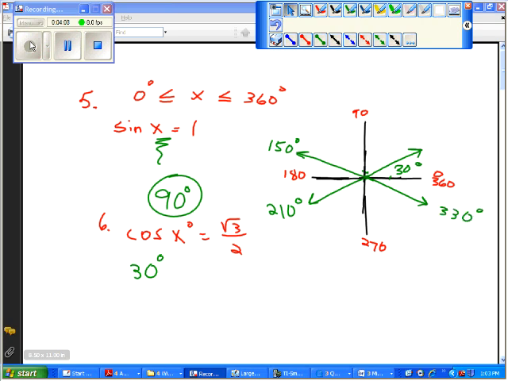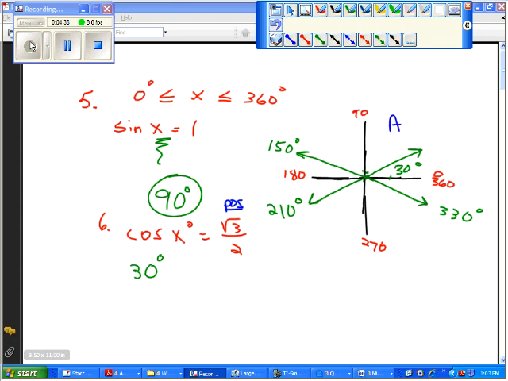So our brain first says cosine what square root 3 over 2 as far as our first little piece of memory work, and we say, well, that's 30. But then we say, well, what are all the possible angles that have a reference angle of 30 between 0 and 360, and it's 30, 150, 210, 330. But then we've got to think, well, the answer here is positive. So we got to think, well, what's positive where?